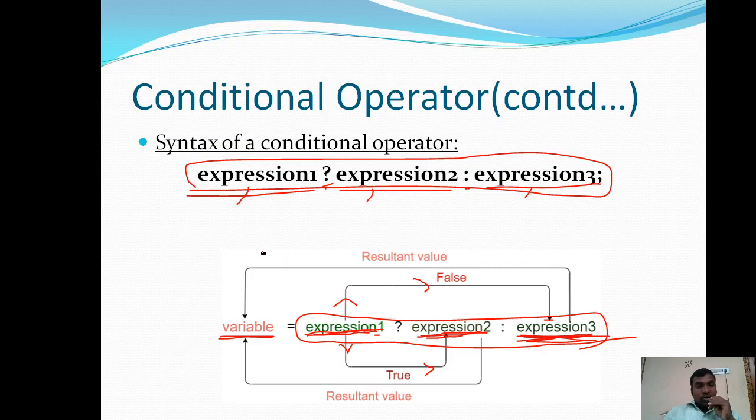Right? So for example, pass status of a student. If the marks got by the student is greater than or equal to 35, then "pass" within double quotes, colon, "fail" within double quotes.